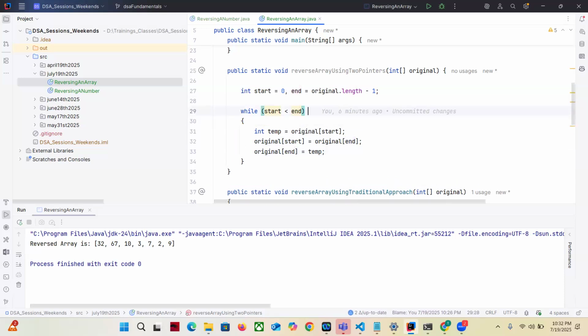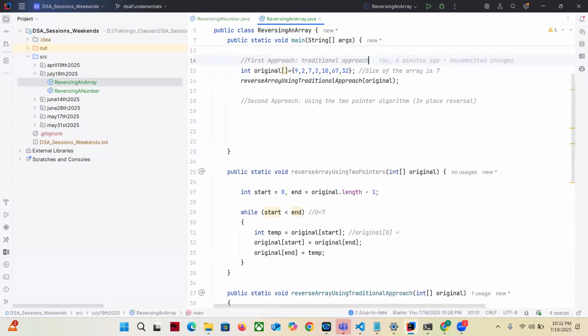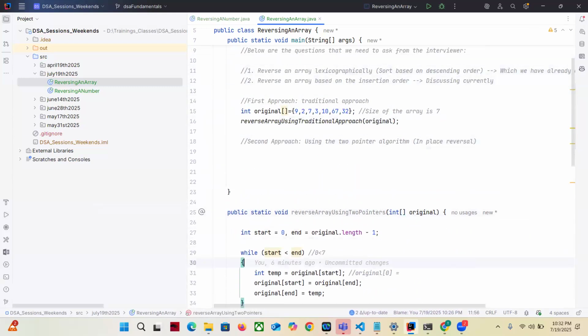So initially we will check: 0 is less than 7, condition satisfied. What is the value present at original of 0? Original of 0 has the value 9. So temp equals original of 0, and now temp stores the value 9.